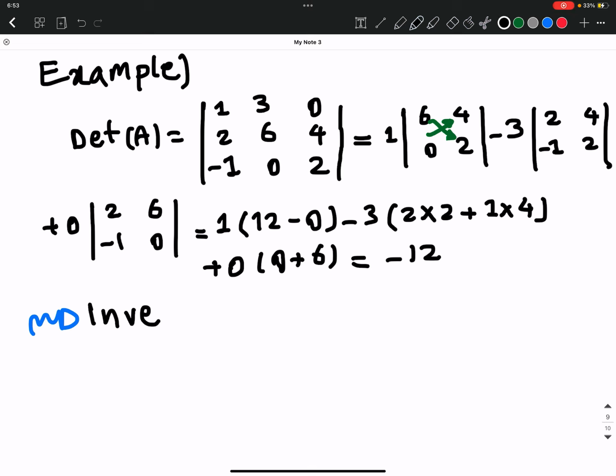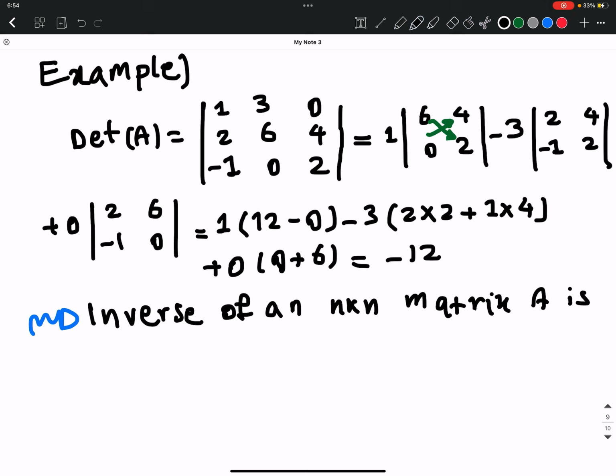the inverse of an n by n matrix A, we show it with A minus 1. So the inverse of the matrix is defined as follows.